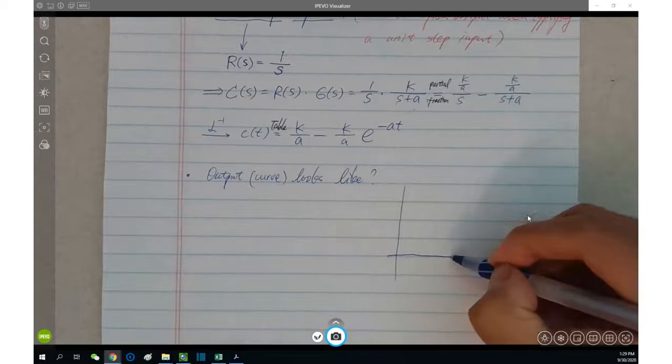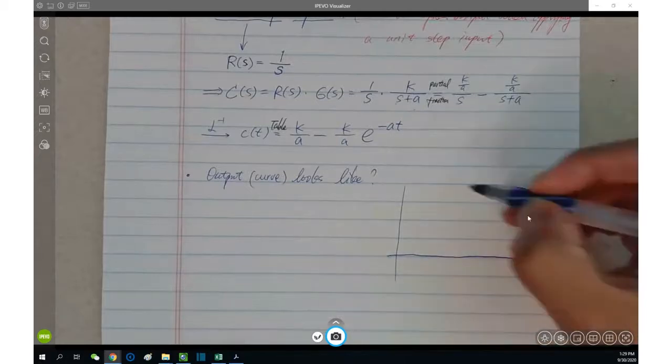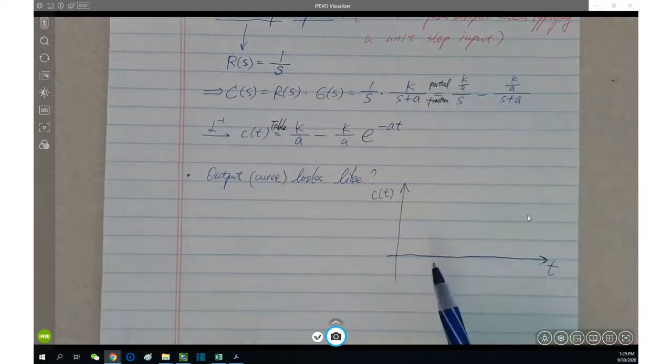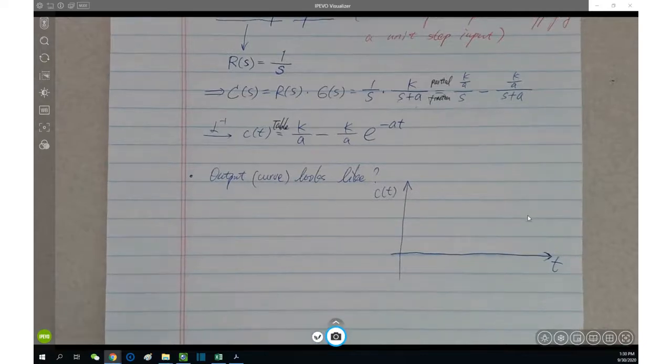Which means you're trying to see what lowercase c of t versus time t looks like. So how to study this?